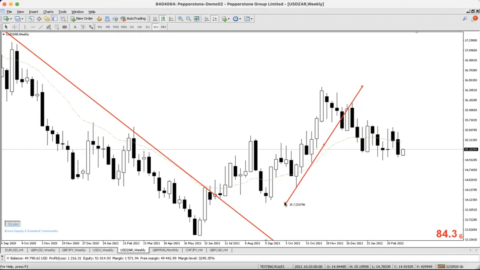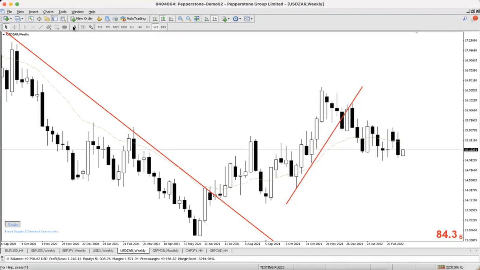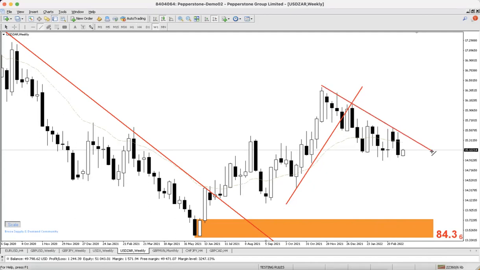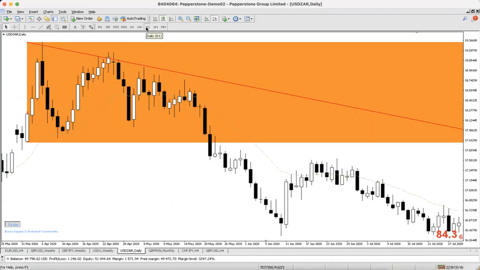Let's check. So, because I'm expecting price, this is an area that is fresh, okay, on the weekly, and here down, rally down, and still on the weekly, this boy looks like he's going down.